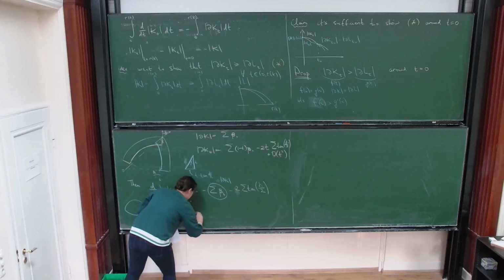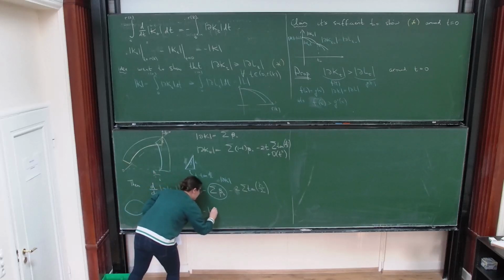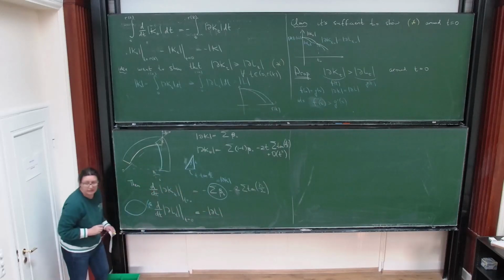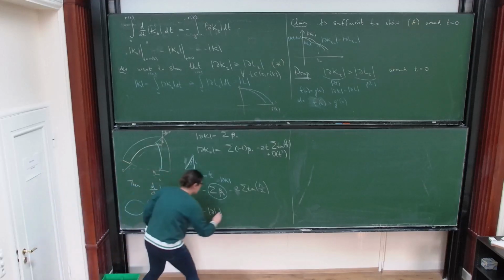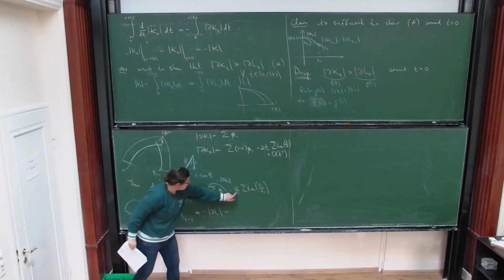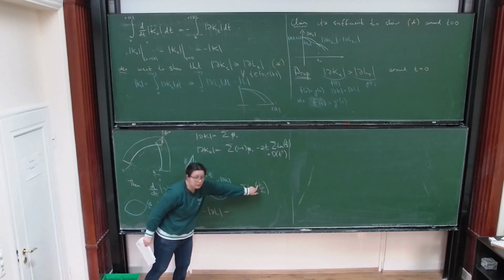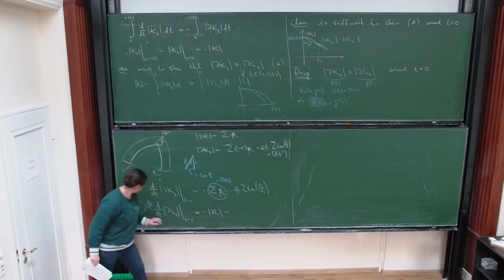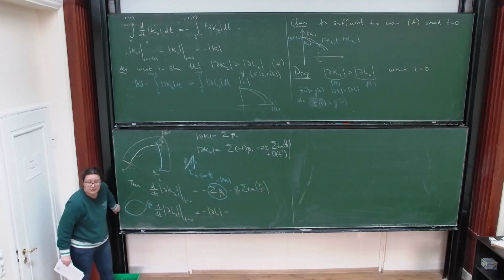Then the same computation will give me minus the perimeter of L, and then minus twice the tangent of gamma star over 2, but I really have to multiply by 2 because I have 2 vertices here. At each vertex I will subtract the 2 little tails, so I have the 4 tails in total.